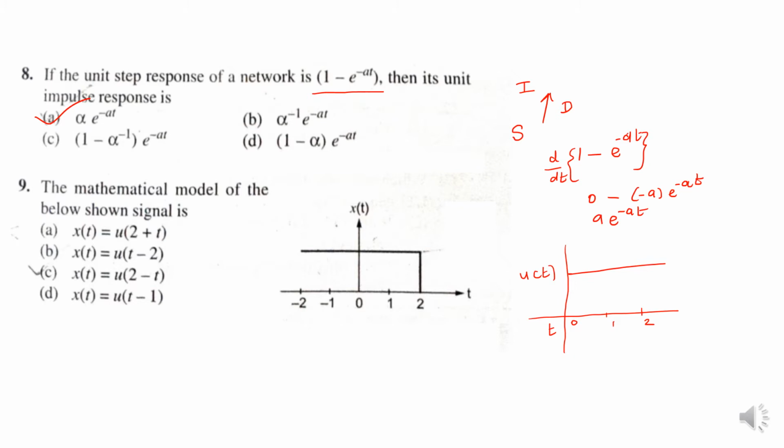And next, I am going to draw u of t minus 2. This is the u of t minus 2 signal. Now this is inverted. So u of minus of t minus 2, the inverted signal, so u of 2 minus t. So u of 2 minus t is the correct answer.